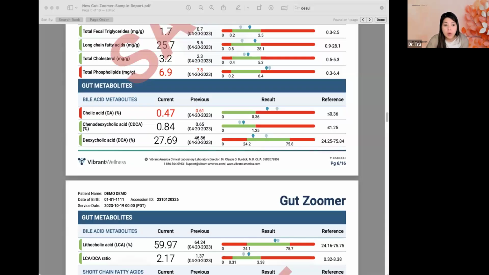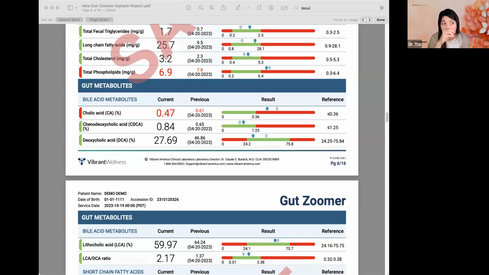So abnormal levels of CA and CDCA can lead to liver damage and other health issues, and they are usually due to a genetic defect in bile acid production.